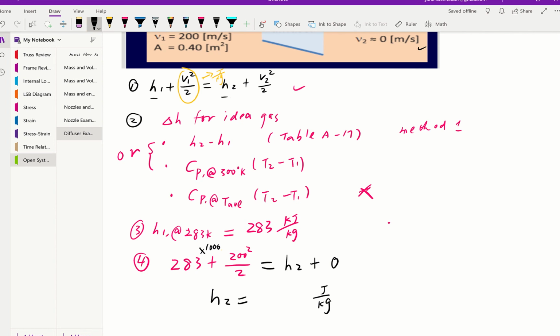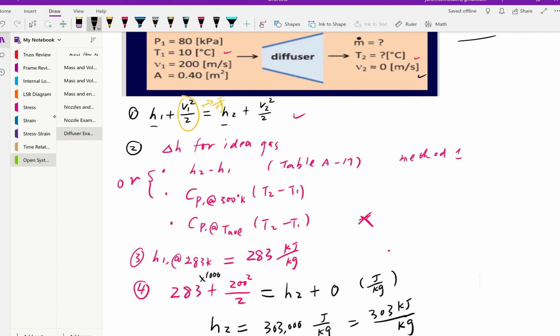That will give us about 303,000 joule per kilogram. All those units are in joule per kilogram, but we really need to change to kilojoule. So that's going to be 303 kilojoule per kilogram. That's our h2.